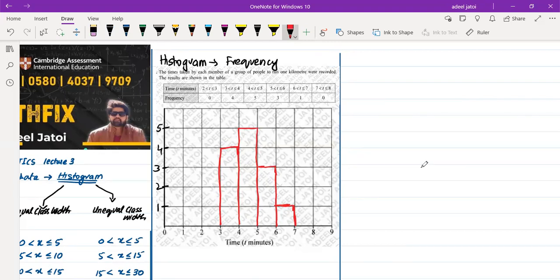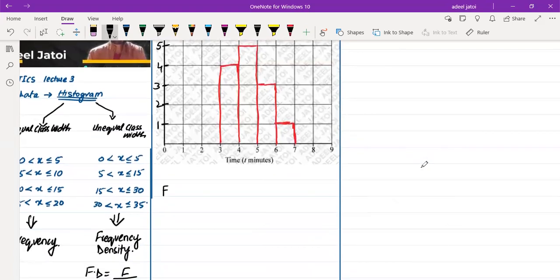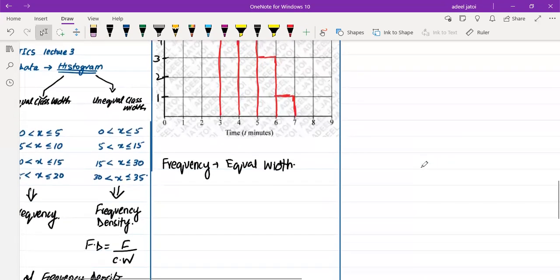So this will be your representation of a histogram with frequency, because with frequency, you will be looking for equal class width. Remember this: your frequency histogram is made because of equal class width, number one. Number two, bars will be joined together.